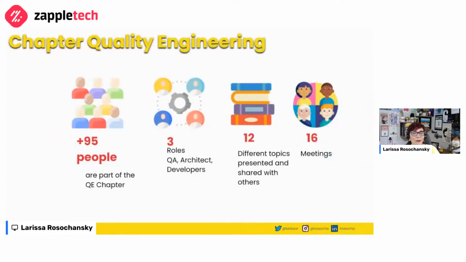So what we were able to accomplish is that we were able to get 95 people part of the chapter, the QE chapter, among QA, architects, developers, and some leadership. So we don't have only QAs in this quality engineering chapter. We have all of the roles together.